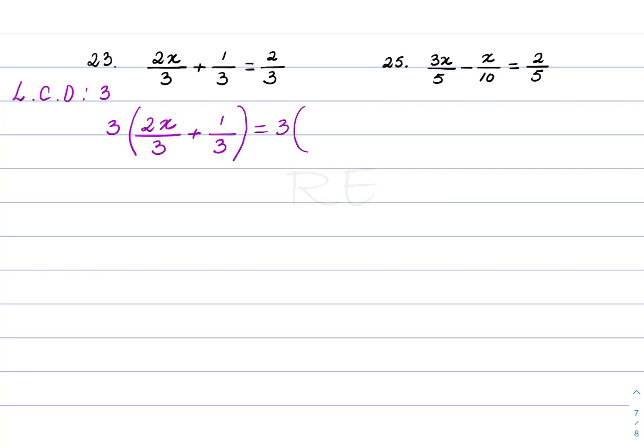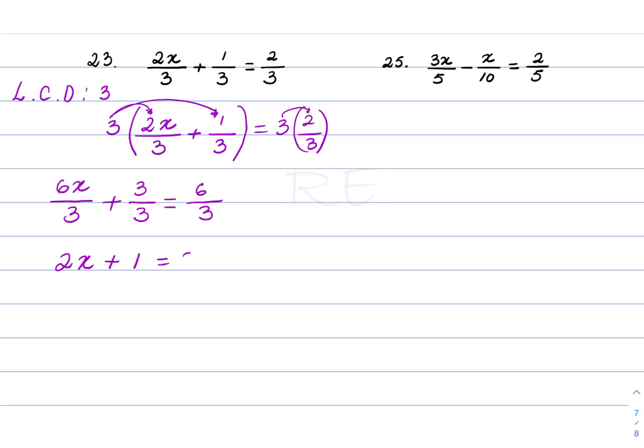So it's 3 times 2x over 3 plus 1/3, and then is equal to 3 times 2/3. 6x over 3 when we distribute, plus 3 over 3 is equal to 3 times 2, 6 over 3. 6 over 3 is 2, it's 2x, and 3 over 3 is 1. 6 over 3 is 2.